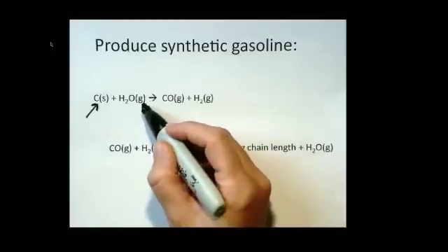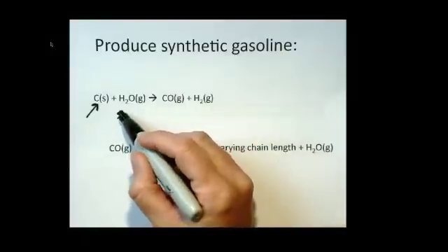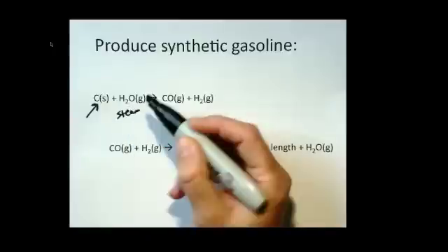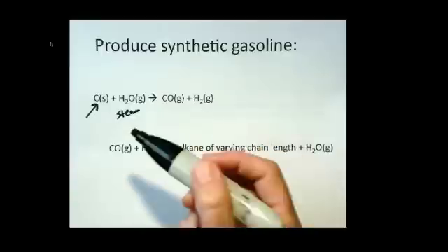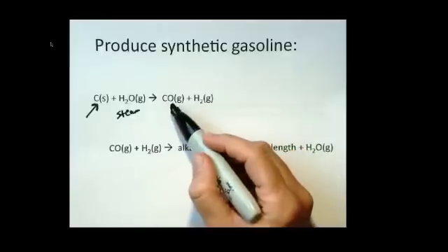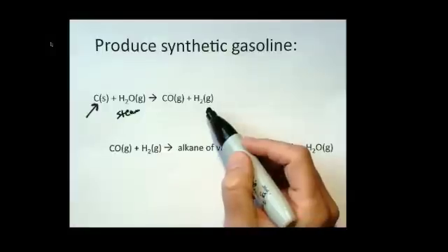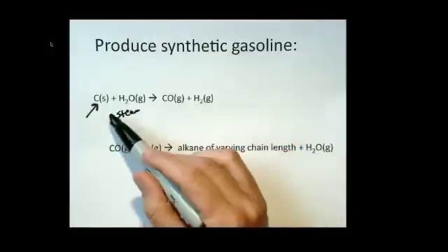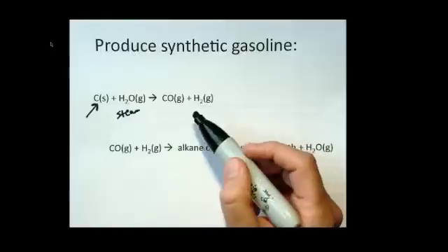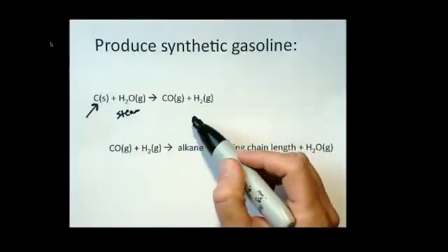This is water in the form of gas, very hot steam. And you let it react, and you end up making carbon monoxide gas and hydrogen gas. Sometimes together this is called water gas, because it's made from putting steam over the solid carbon from coal.